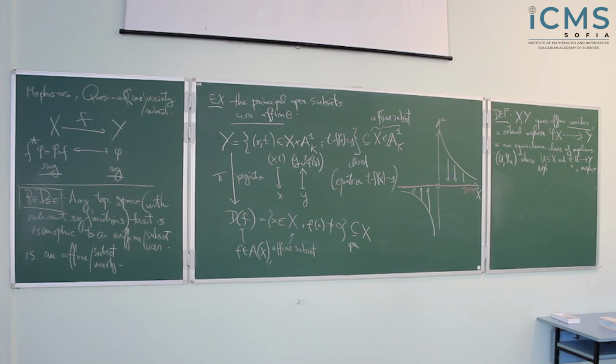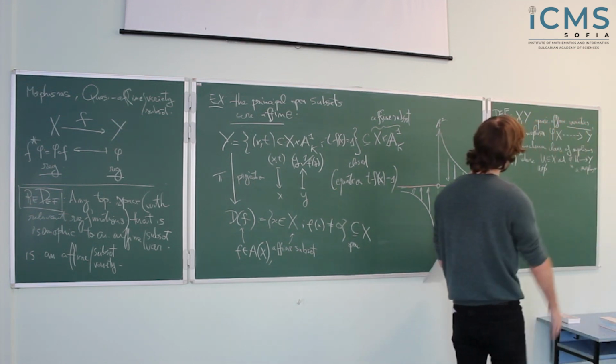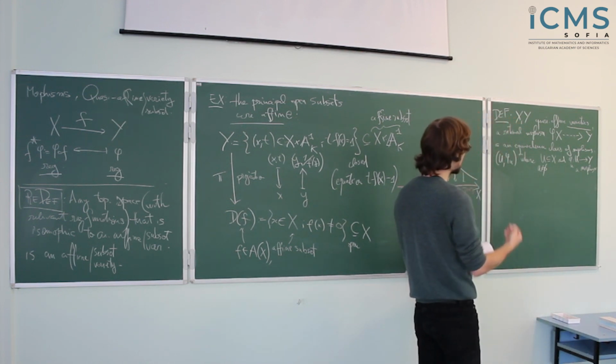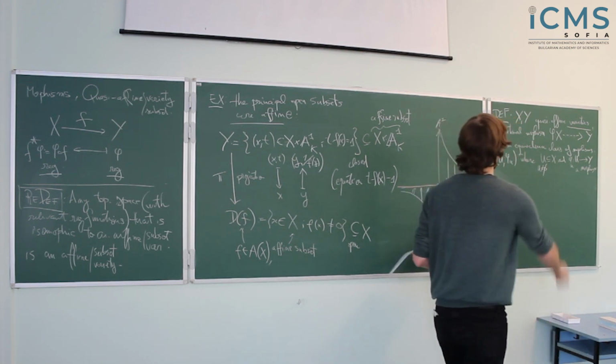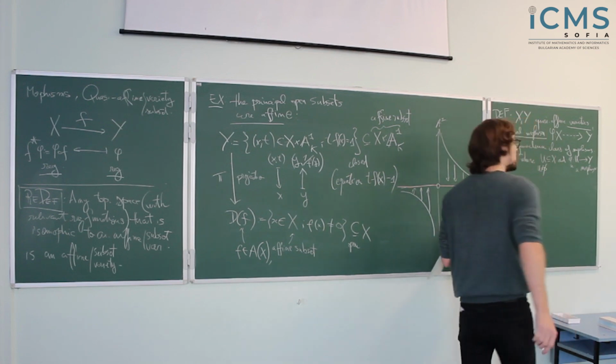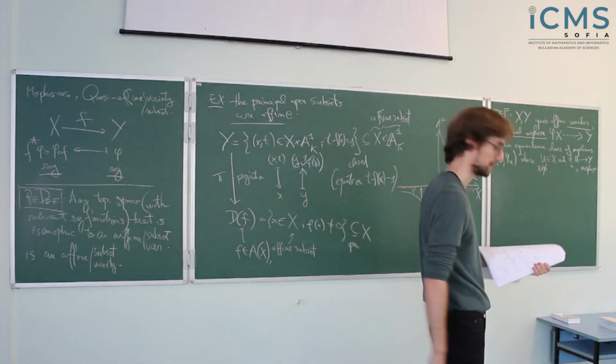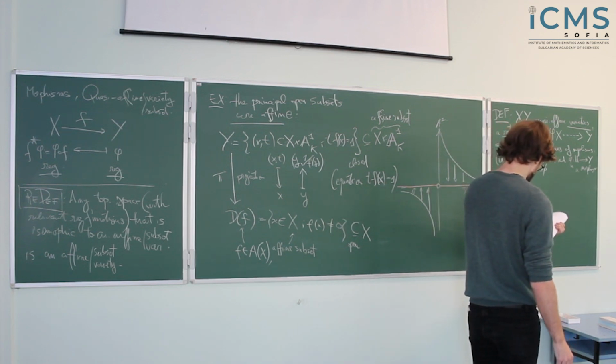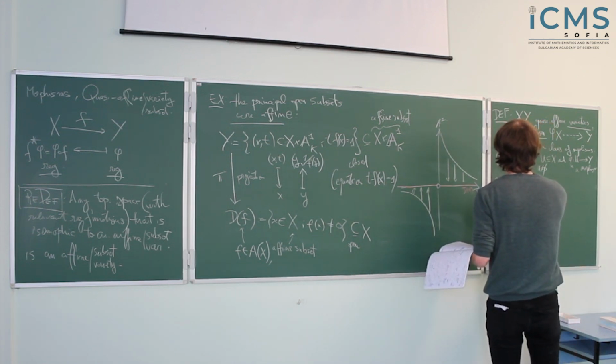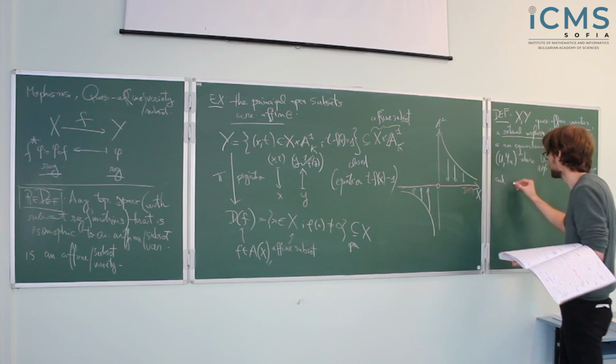You remember that when you have something irreducible, any open subset is dense. So this is kind of the idea of what a rational morphism is. It's something that is defined almost everywhere, kind of like in measure theory.